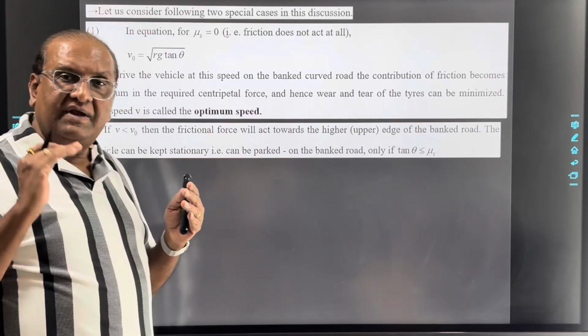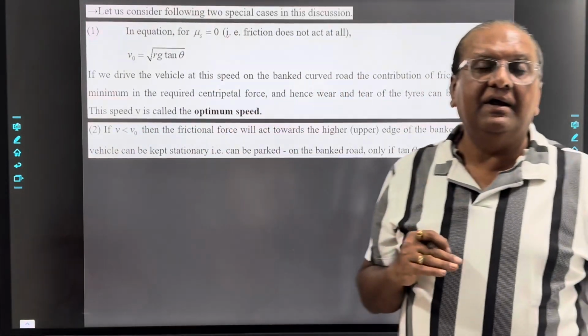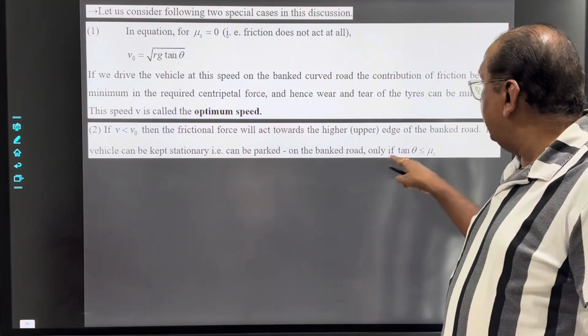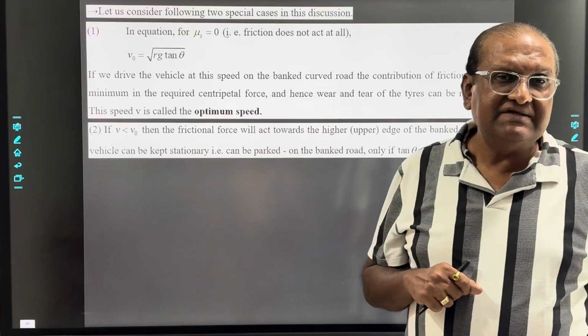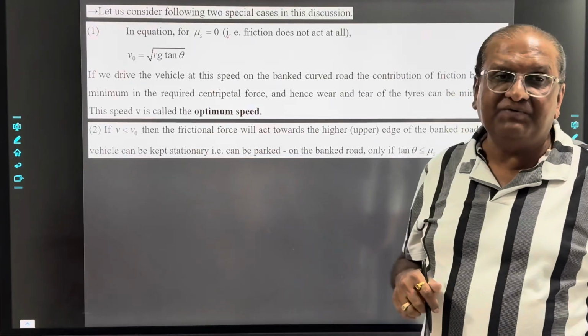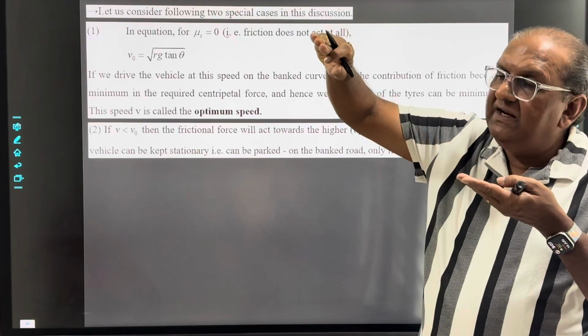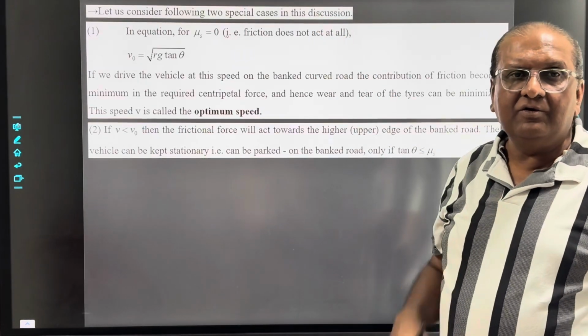So on the banked road, if you want to park the vehicle, then in that particular case, your tan theta should be less than or equal to mu s. If this condition is not satisfied, and if you park the vehicle on the banked road, then it will slip off towards the center. Clear to all of you?